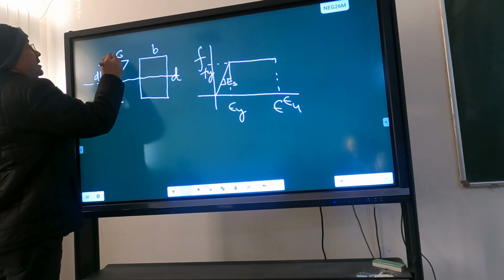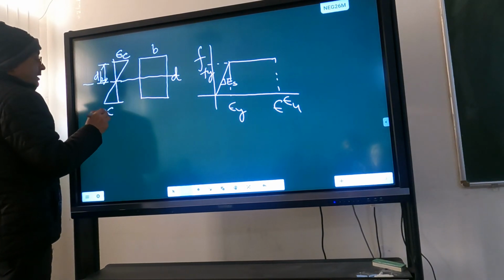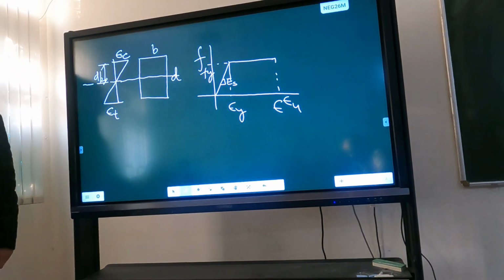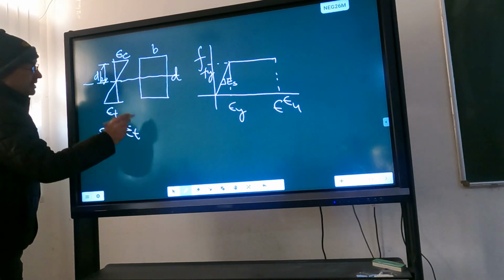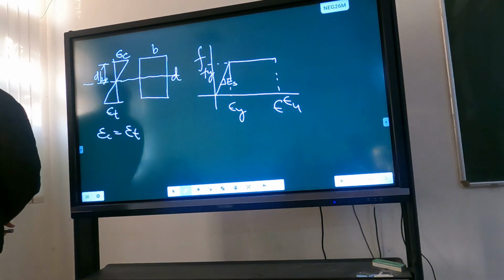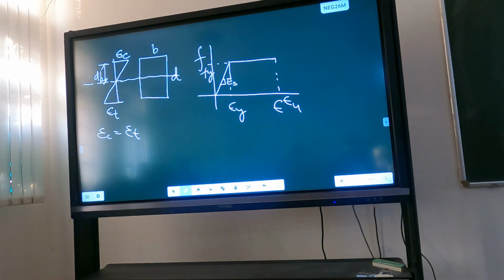Let us say the strain here is compressive strain and here it is tensile strain, and compressive strain will be equal to tensile strain because it is symmetric.